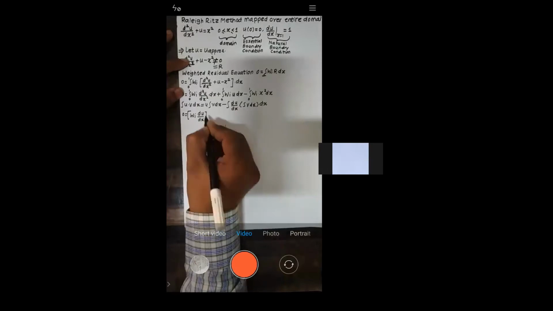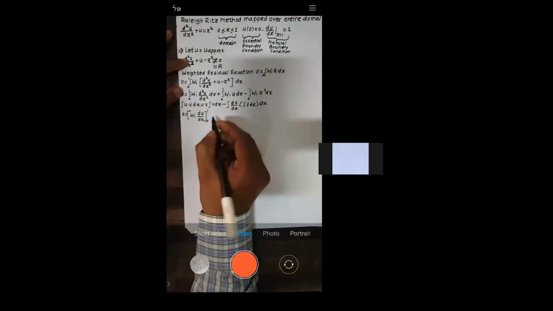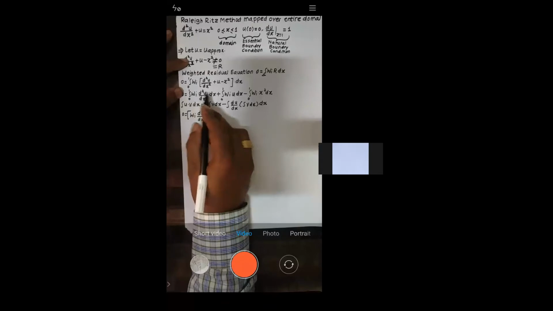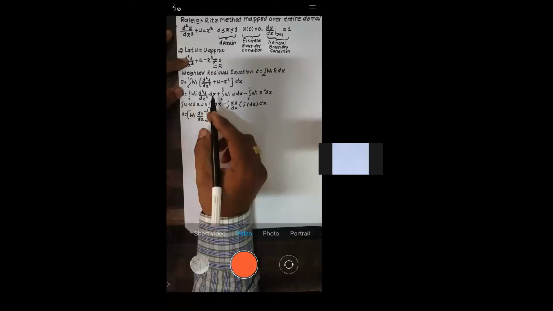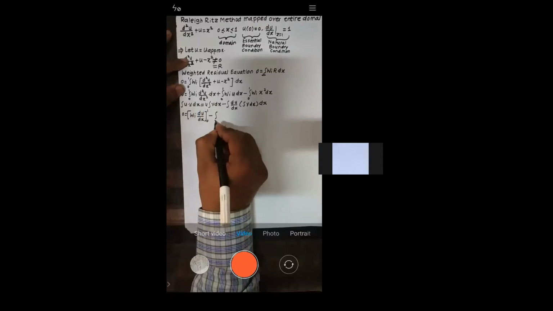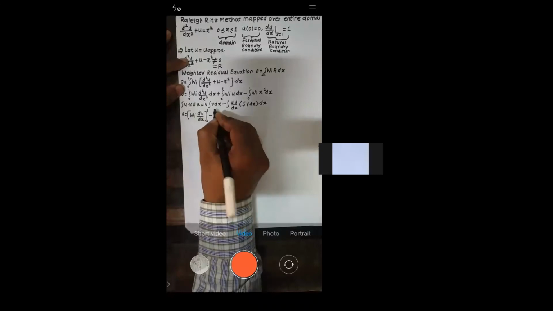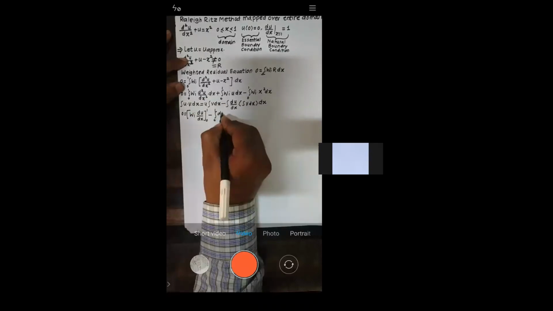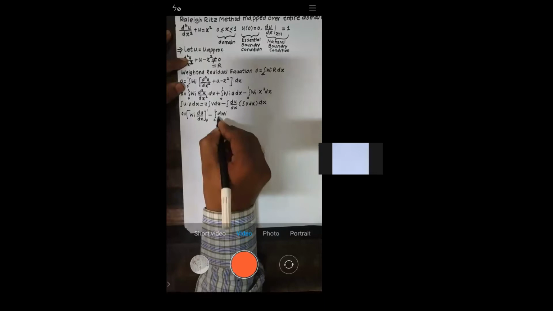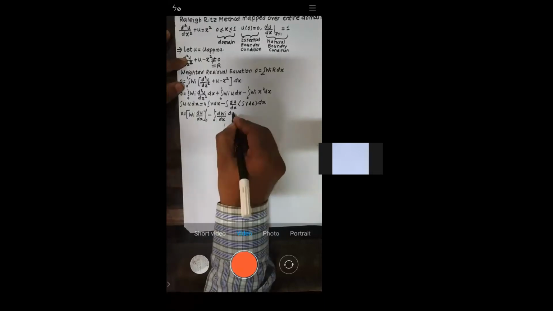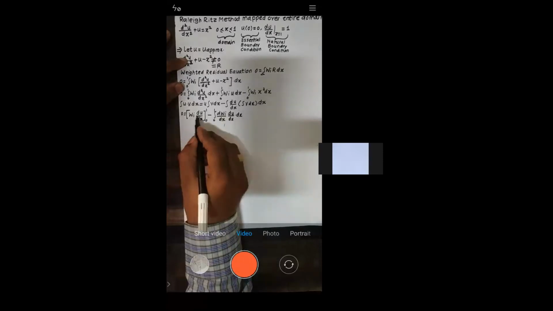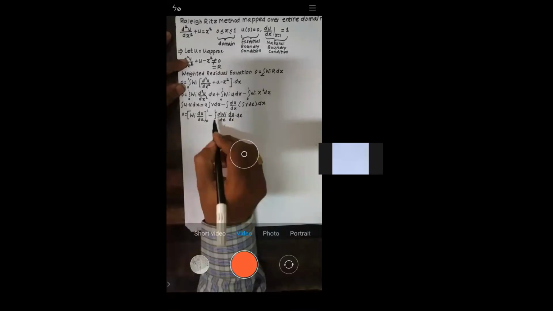First into integration of second, minus integration of derivative of first, that is dwi/dx, into integration of second, that is du/dx, dx. So first into integration of second for the limit 0 to 1, minus integration 0 to 1 of derivative of first into integration of second dx. Is it okay?